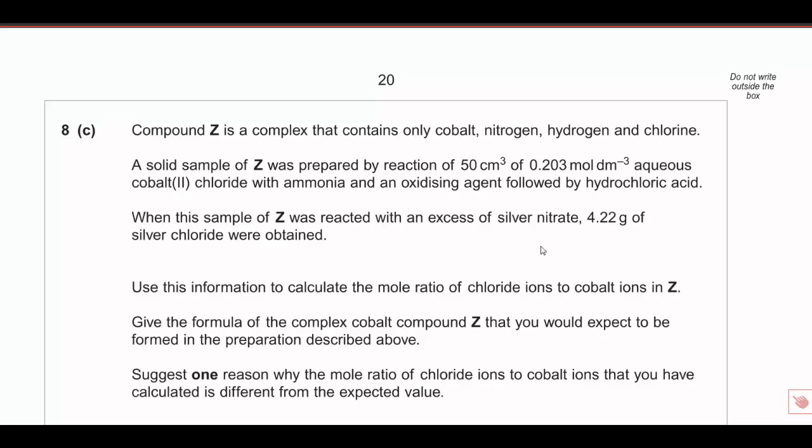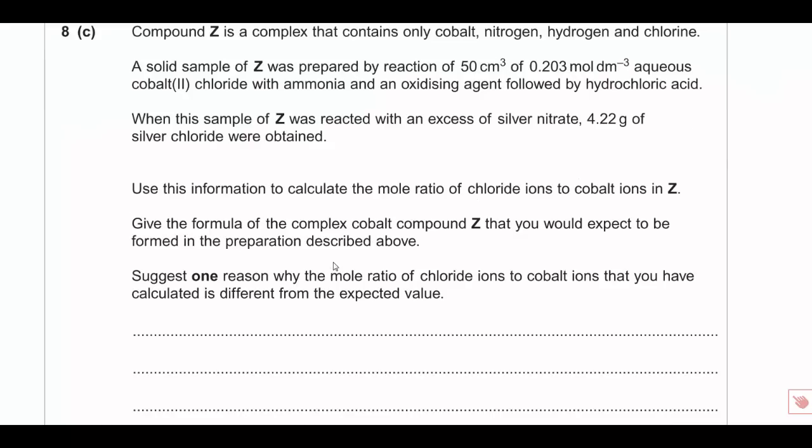Now I would think about, well, what's going to happen here? So we know we've got some aqueous cobalt(II) chloride. So straight away I'm going aqueous, so I know I've got this guy here. And I'm adding ammonia.